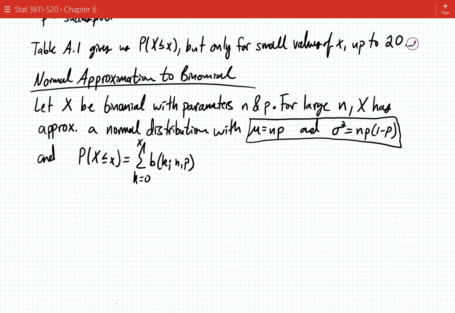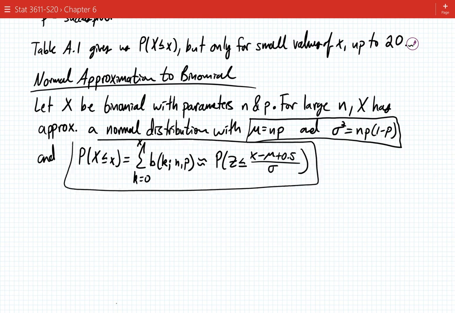This is approximately equal to the probability of a standard normal random variable z being less than or equal to x minus mu plus 0.5 over sigma.